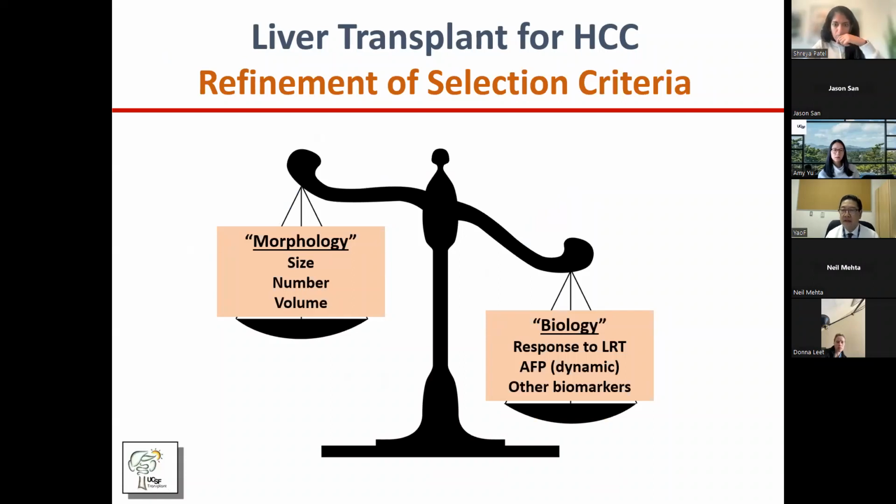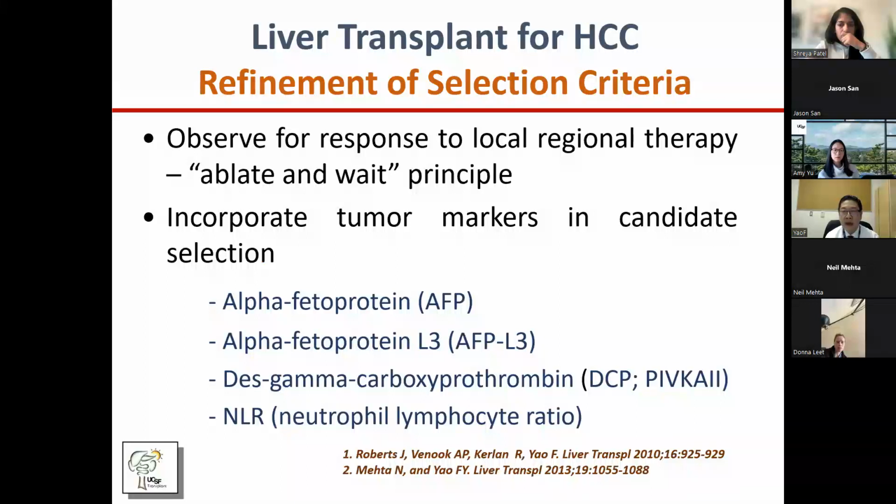As I mentioned, we've seen a paradigm shift, or shift in focus, in terms of how to select patients. Rather than relying solely on morphologic parameters, we are now putting more weight on tumor biology, markers of tumor biology, including response to local regional therapy, AFP, and possibly other biomarkers.